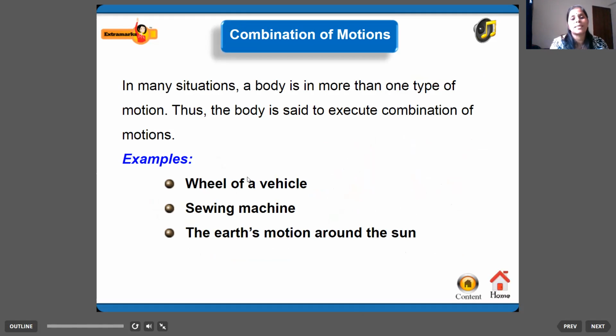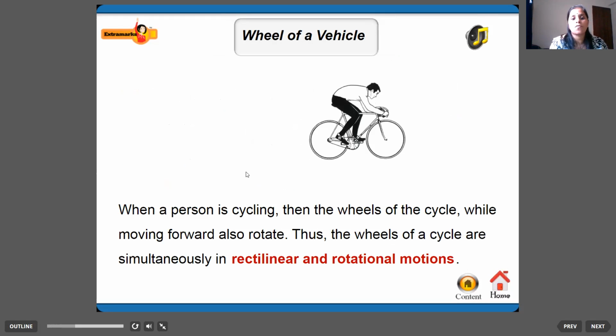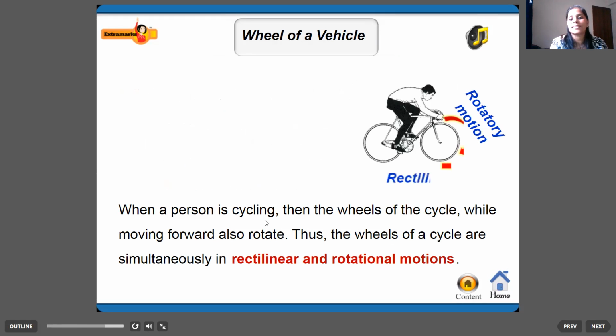The first example they have given is the wheels of a vehicle. You can see over here, when a person is cycling, the wheels of the cycle show the rotatory motion while the cycle is moving in a rectilinear motion.